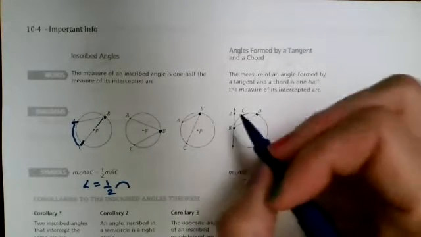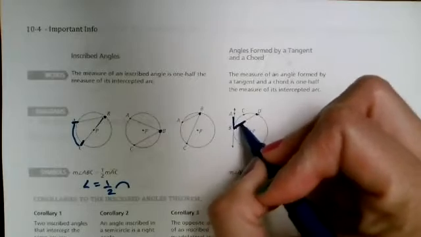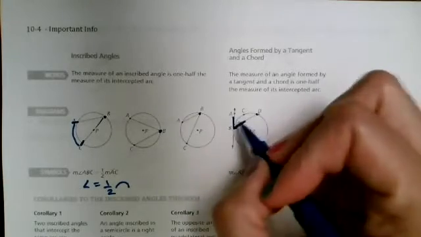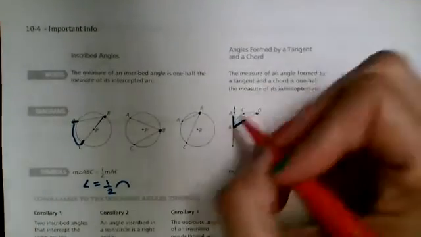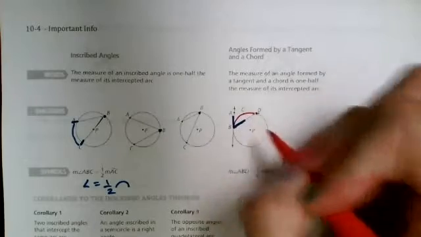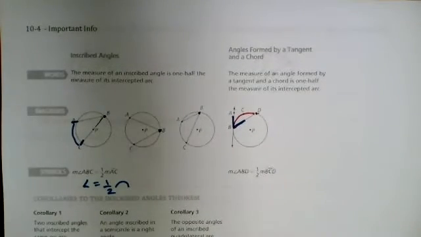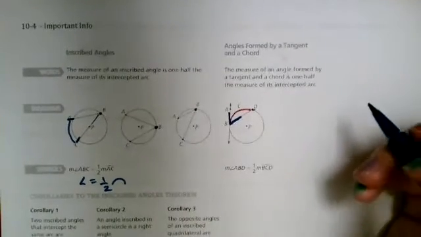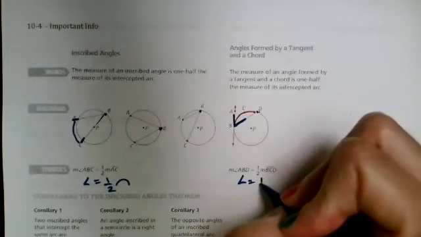So in this example, this angle here is equal to half of the arc its sides intersect. So the same formula for both types of angles, where the angle is equal to half the arc.